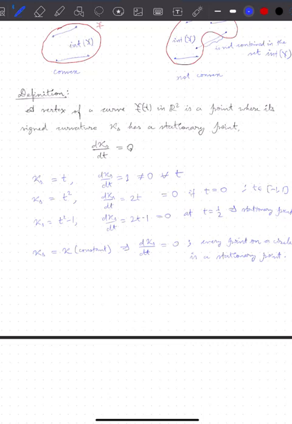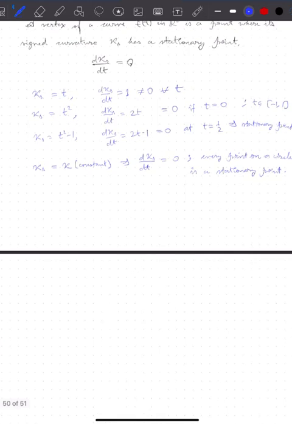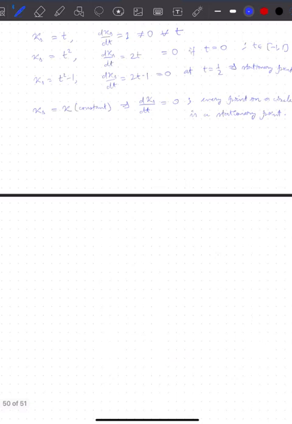This is invariant with respect to whatever parameterization we take, be it a unit speed curve or a non-unit speed curve.